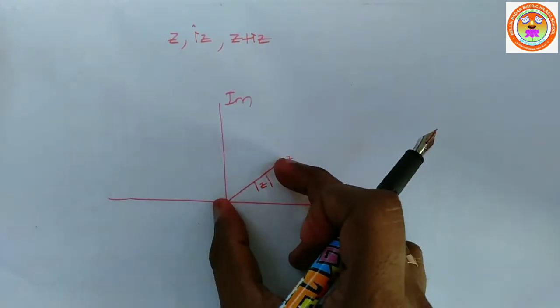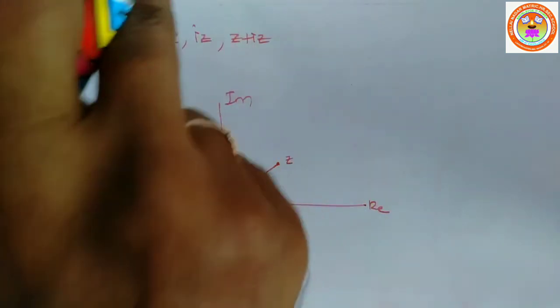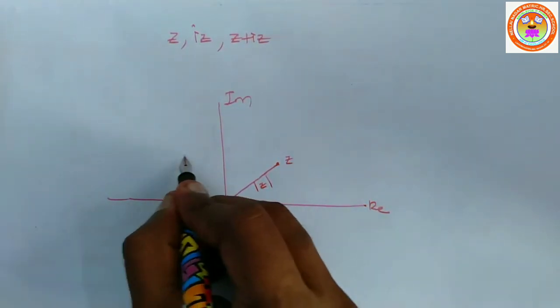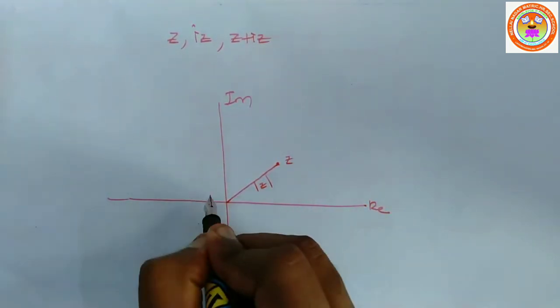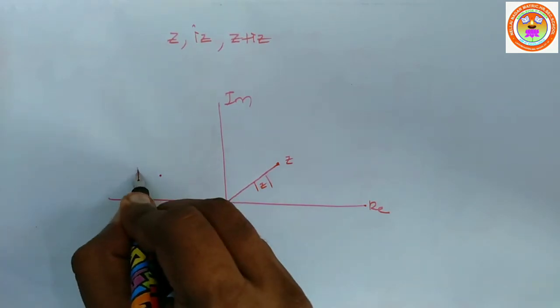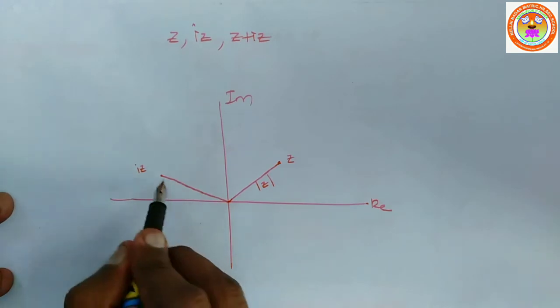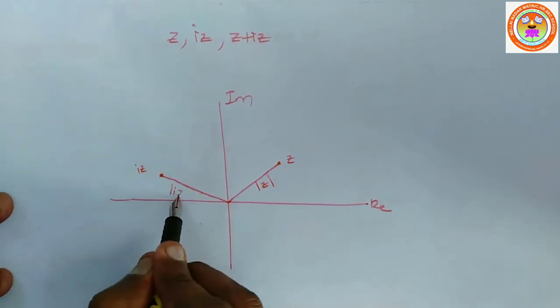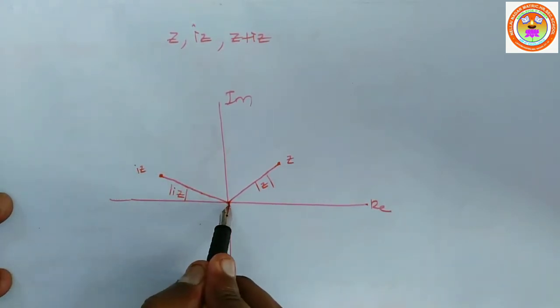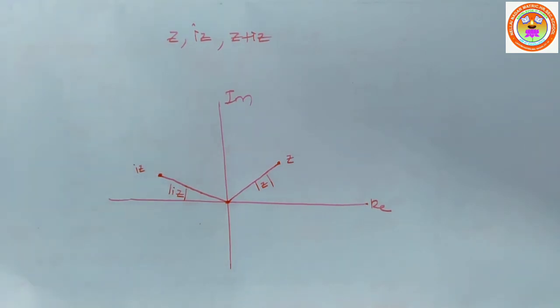This is a length, and length is nothing but distance, so we only use modulus. I am going to choose iz here. This can be iz. This distance is nothing but modulus of iz, the length from the origin to point iz.